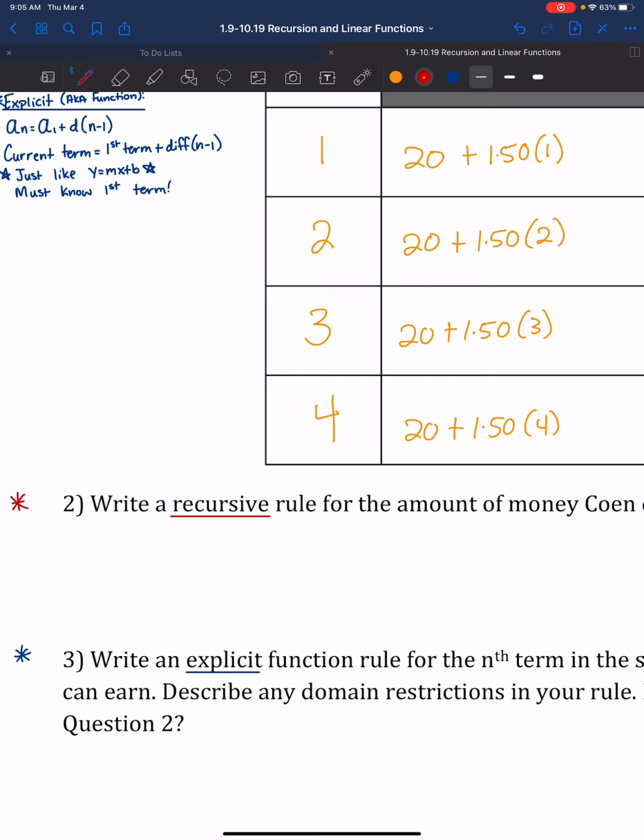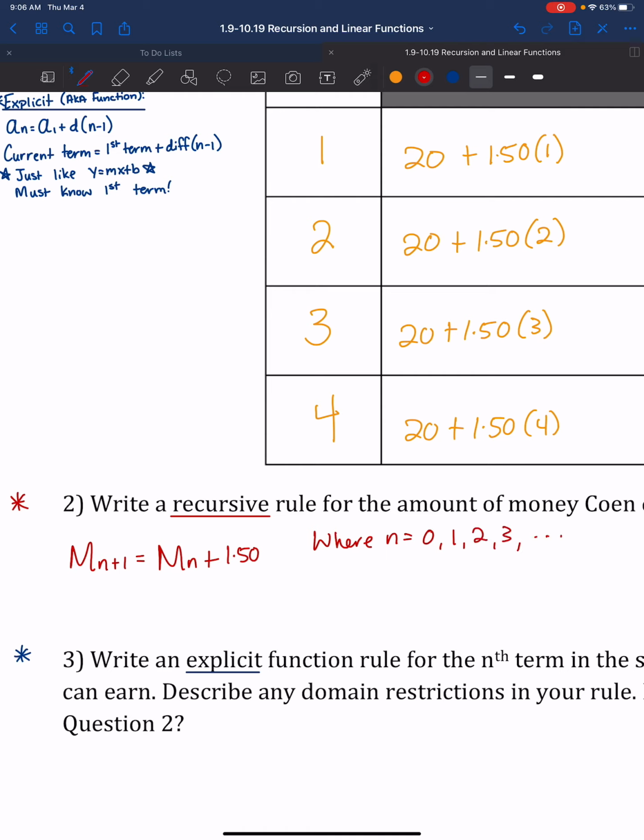So we've got current term is equal to M sub n plus $1.50. Now, n, he can't sell less than 0, right? So n has to equal 0, 1, 2, 3, etc., right?